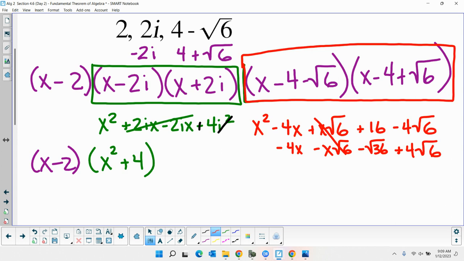What happens to the 4 radical 6's? Cancel. What is the square root of 36? 6. So this is actually negative 6. So this answer is x squared minus 8x plus 10. Now there's no more i's and there's no more radicals.